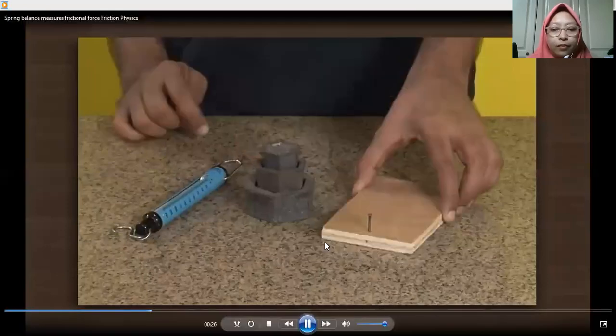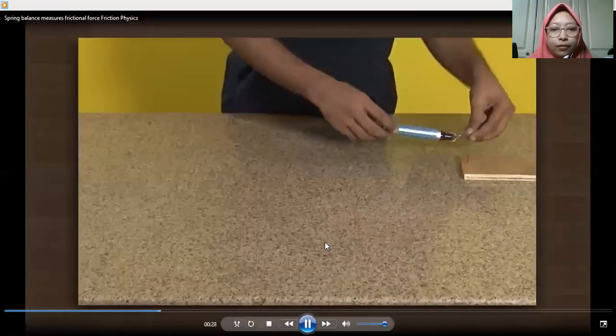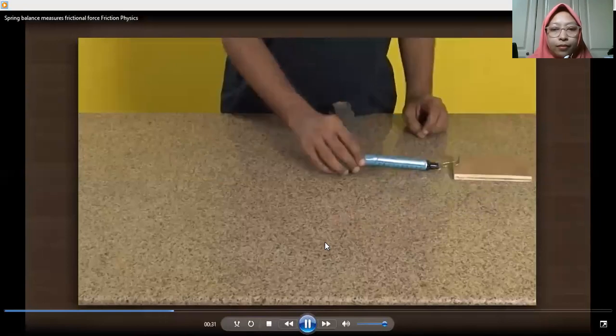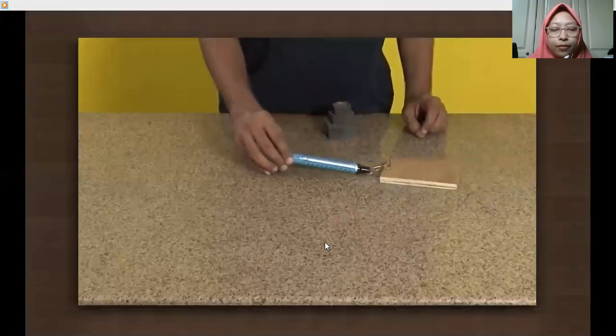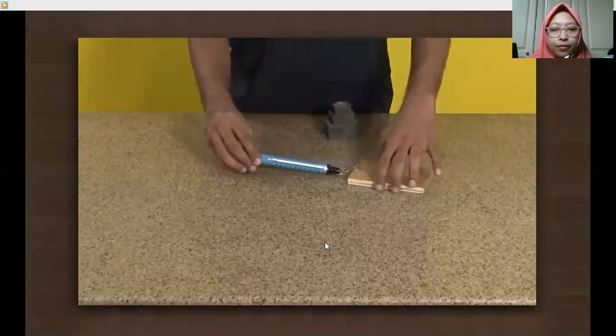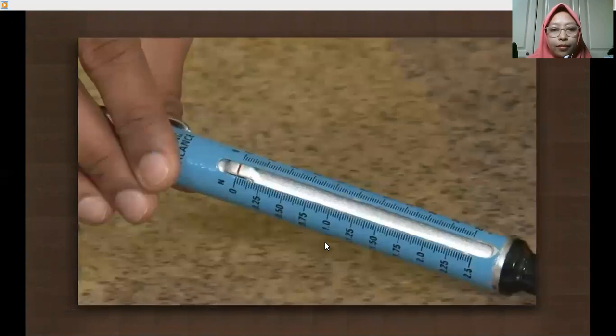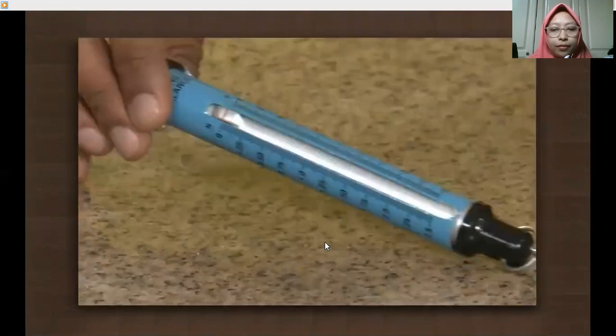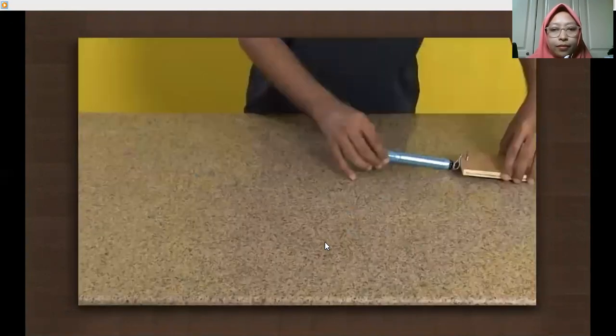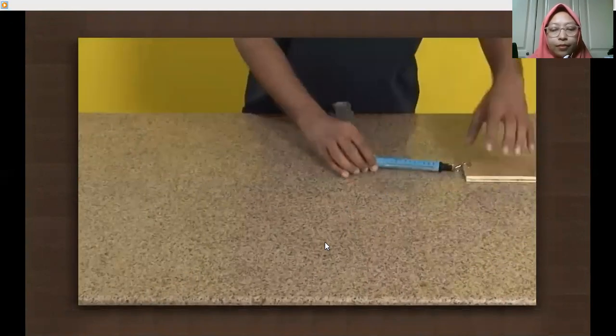Place the wooden plank on a smooth surface, attach a spring balance to it. Now pull at the wooden plank with the spring balance till the plank starts moving. Note the reading on the spring balance while the plank is moving. It reads 1 gram. This number indicates the amount of force required to overcome the frictional force and make the plank move over the surface.